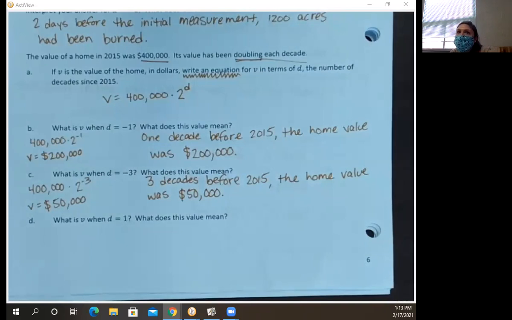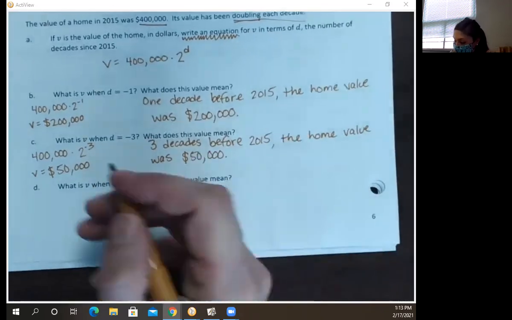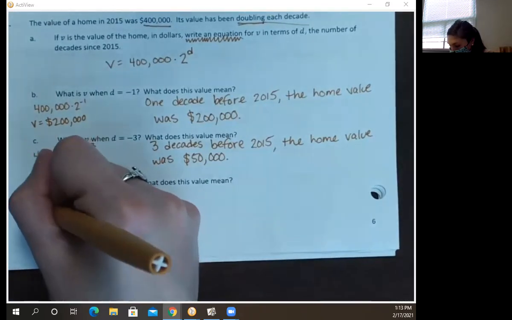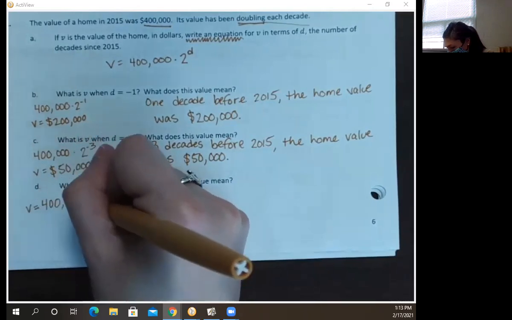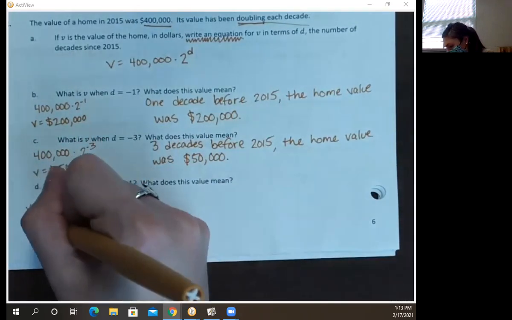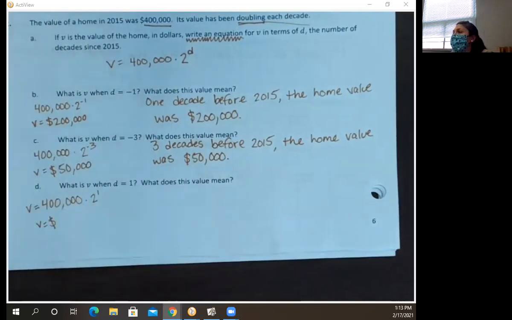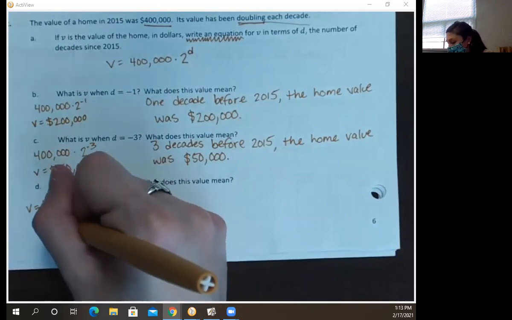Now you try the last one. Give me that value for when D is 1 and give me an explanation. What's V equal to for part D? $800,000.